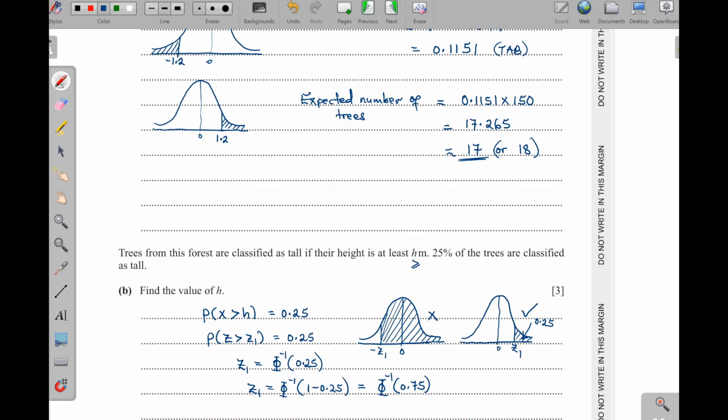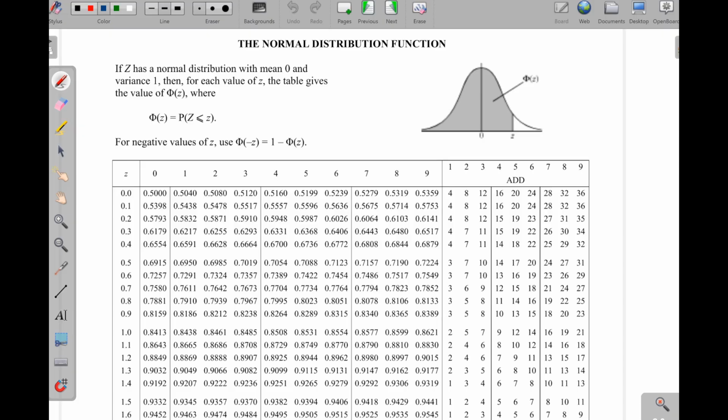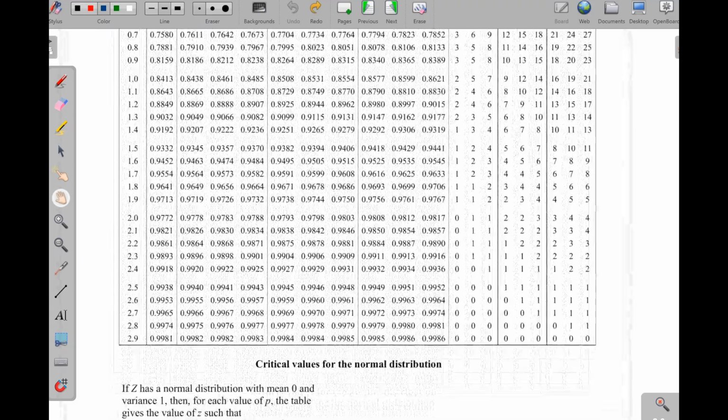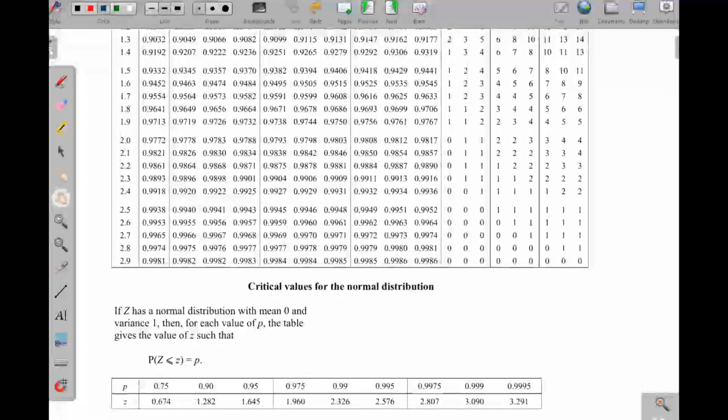0.75. Then we go to our normal distribution table, and we look for this 0.75, and the z value that corresponds to it. When we come here to the table that is given, 0.75 is around here. But before you do that, you look for the z values. Always come down here. There is a small table here for a few critical values.